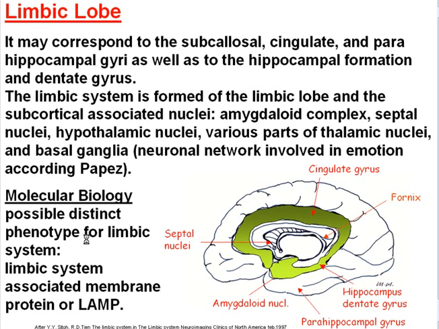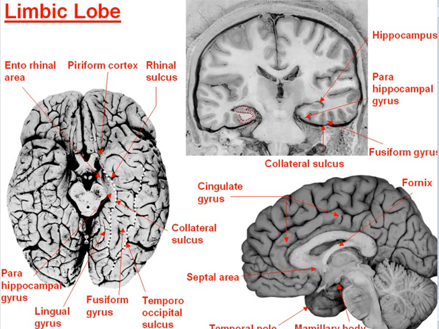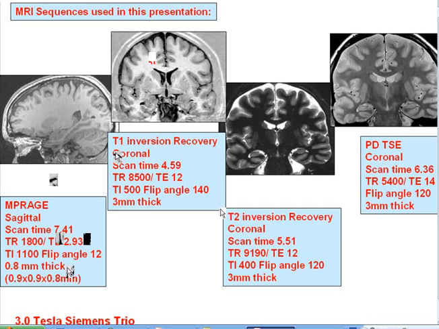The molecular biology distinct phenotype for the limbic system is limbic system associated membrane protein, or LAMP. This is an anatomical section showing the limbic lobes. In this anatomical section, viewed from the bottom, you can see the piriform cortex, the surface of the uncus, and the parahippocampal gyrus posteriorly.